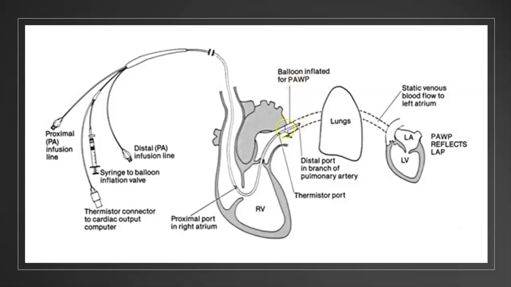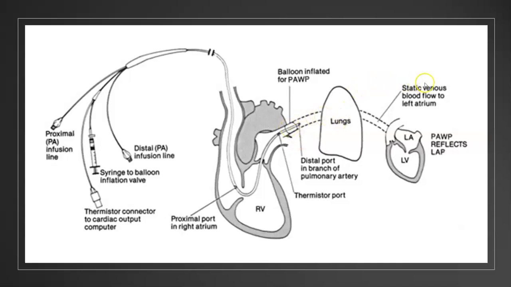You can see the two lines right here. This is the distal port in the branch of the pulmonary artery. PA catheter, pulmonary artery. So it floats out from the right ventricle and sits right here in the pulmonary artery in the distal portion. And that's where we get our wedge pressure from.